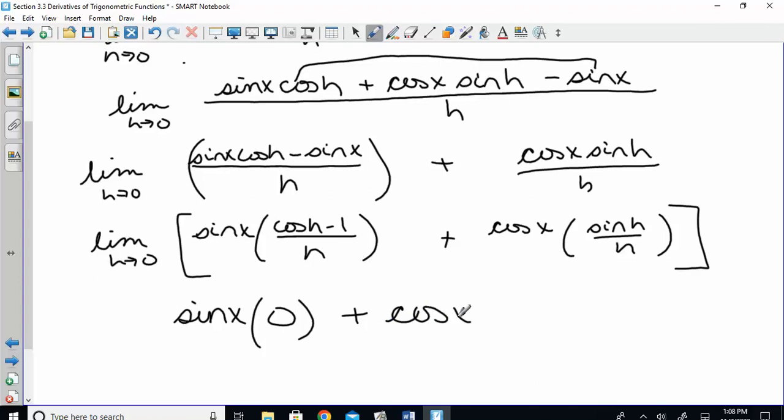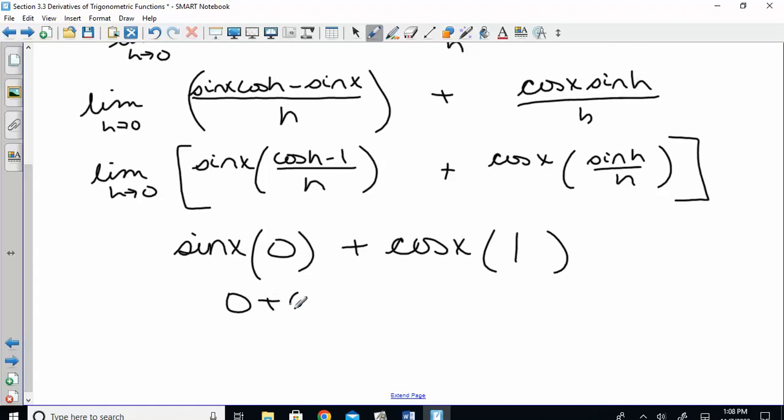So I get sine of x times 0 plus cosine of x times the limit as h approaches 0 of sine h over h. What is that? 1, from that very first piece. So we get 0 plus cosine x, which is cosine x.